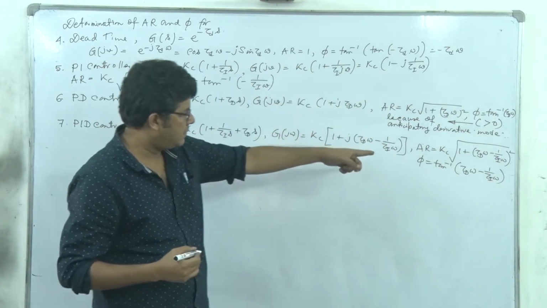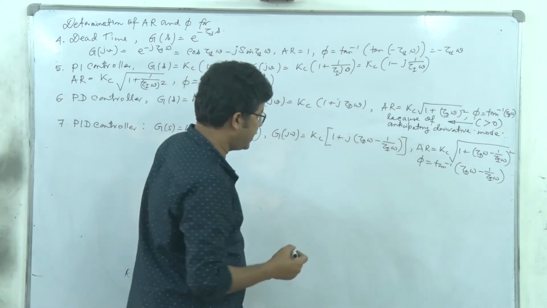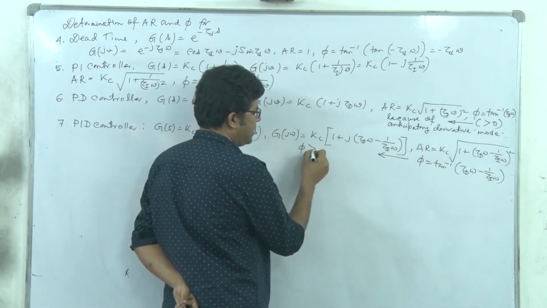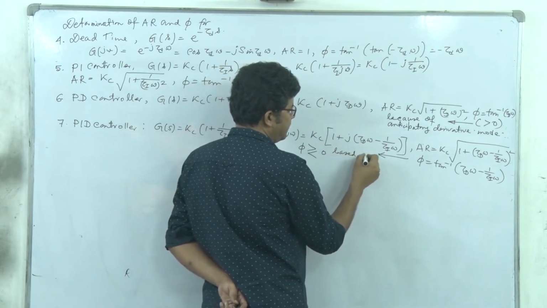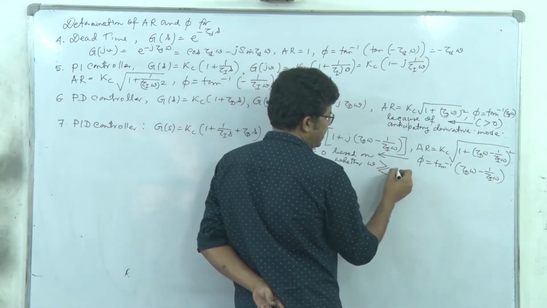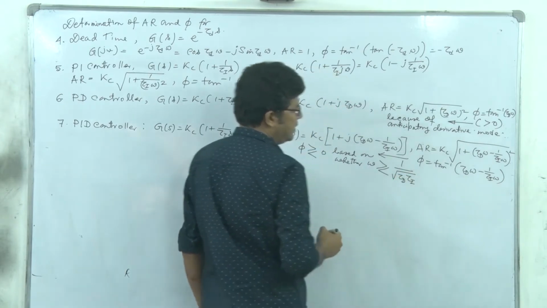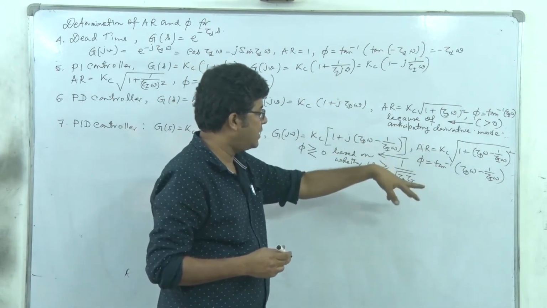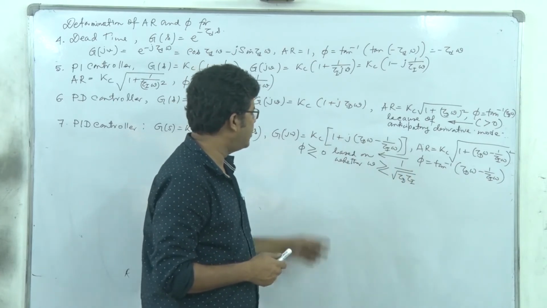You see this phase shift, whether it is positive or negative, depends on the value of omega. So from here our conclusion is that phi may be greater than or less than 0 based on whether omega is greater than or less than 1 divided by the square root of tau d tau I. Because if I set phi equal to 0, omega becomes 1 divided by the square root of tau d tau I. If omega is lower than this value, phi will be positive.